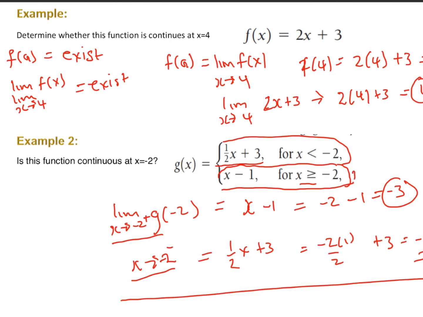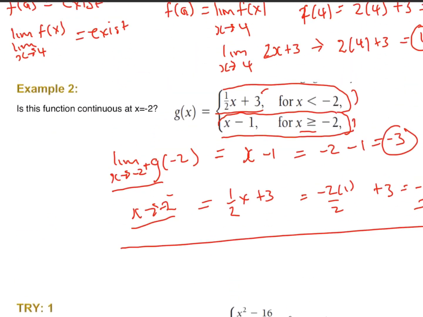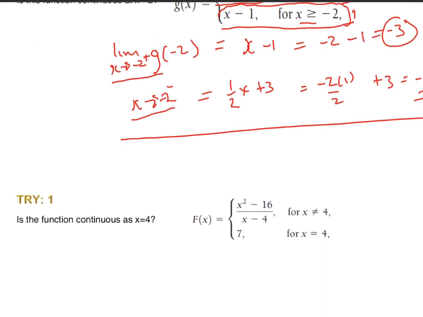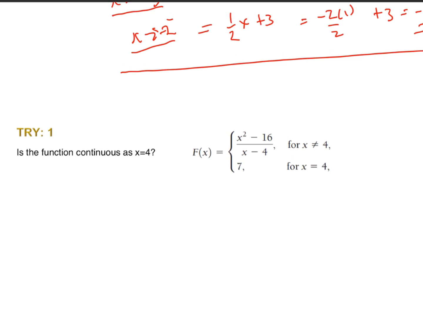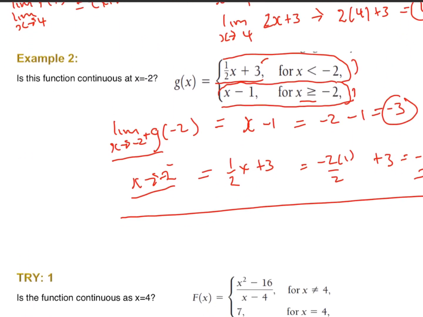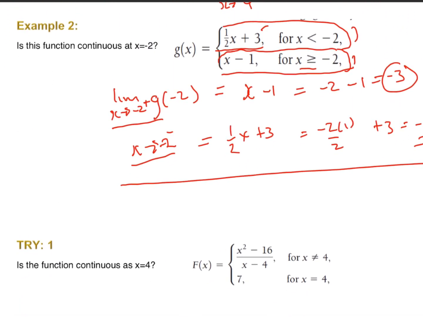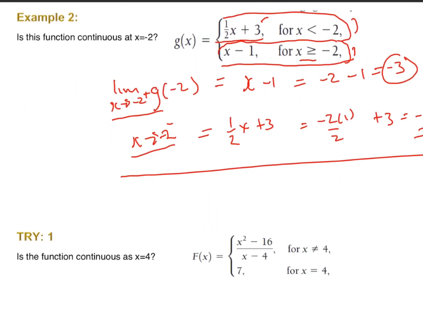For x less than or equal to -2, which is the left-handed limit, we pick the other function. If they don't give you an equal value, it means the limit does not exist, and we can conclude that this function is not continuous because there is no way it's going to satisfy the conditions.